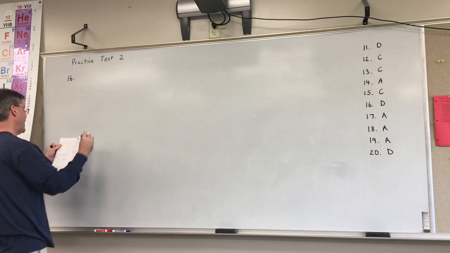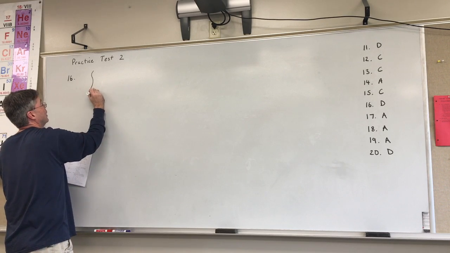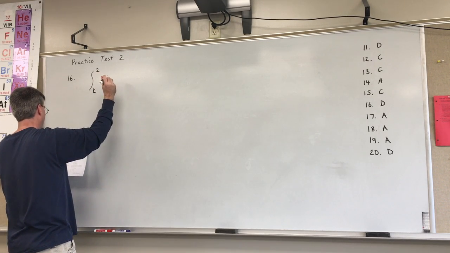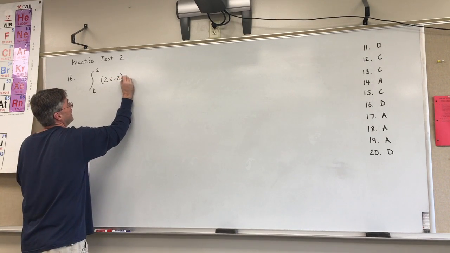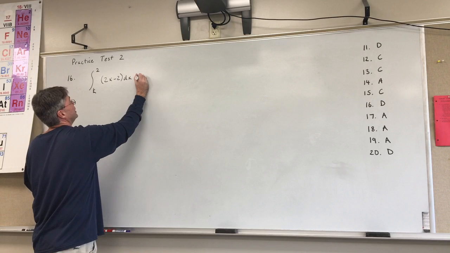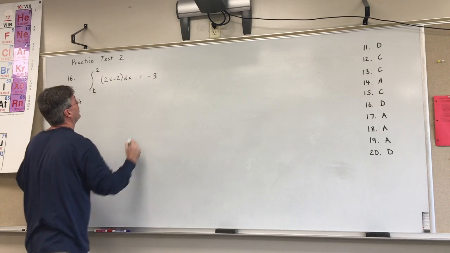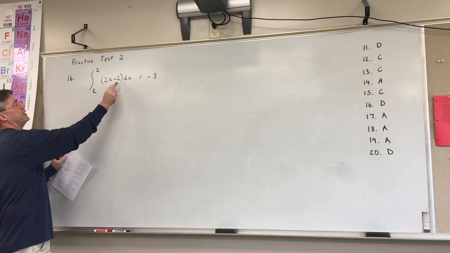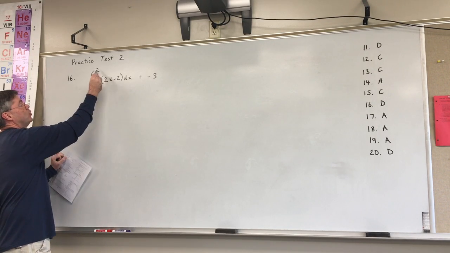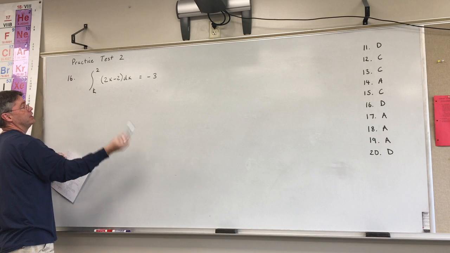Okay, we have the integral from k to 2 of 2x minus 2 dx is equal to -3. What is a possible value of k? So what you have to do is just integrate this. We'll plug in k and solve for k.